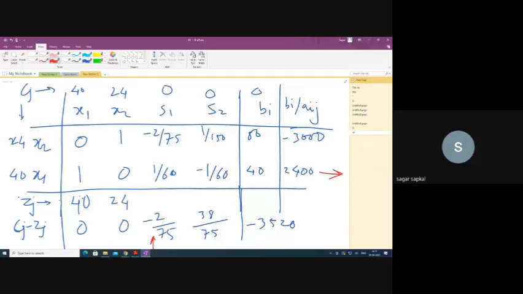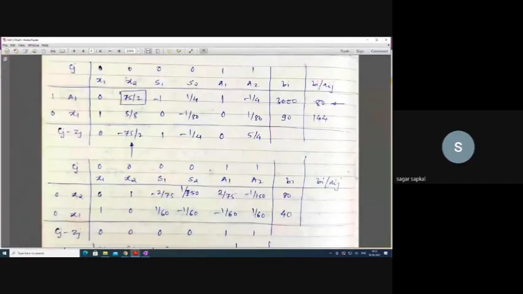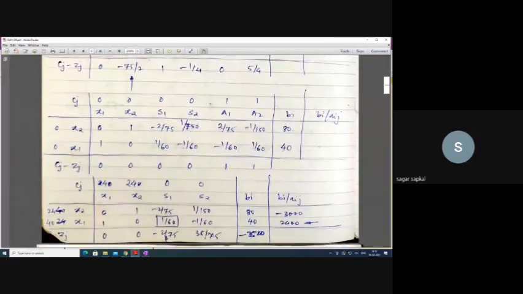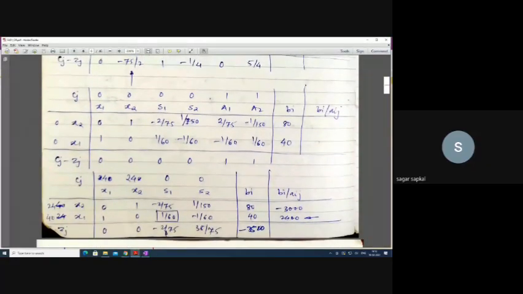So at the place of x1, s1 will be there, and you have to write the improved solution by making the calculations in the usual manner. So can you do that? Okay, complete it now. So that's what we have done here. It is 40.